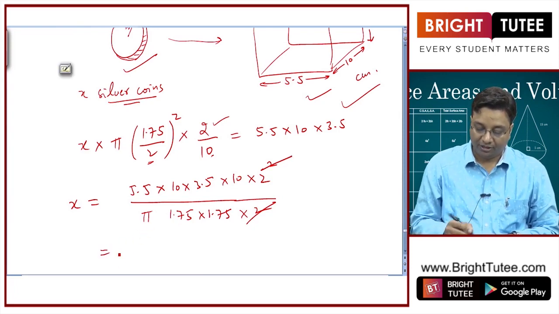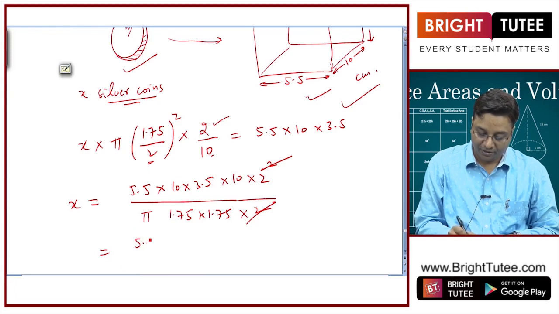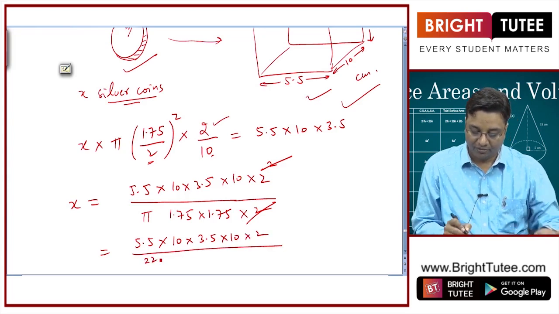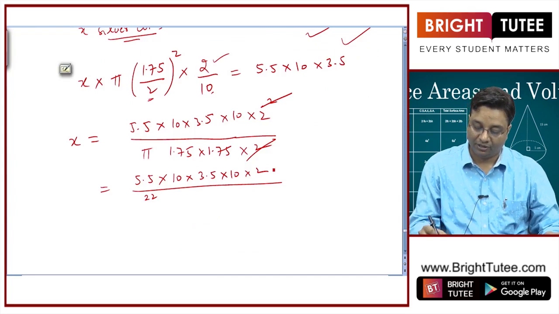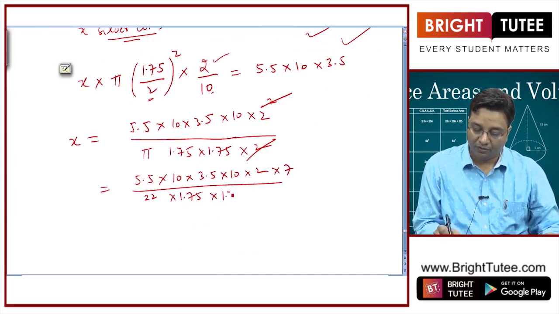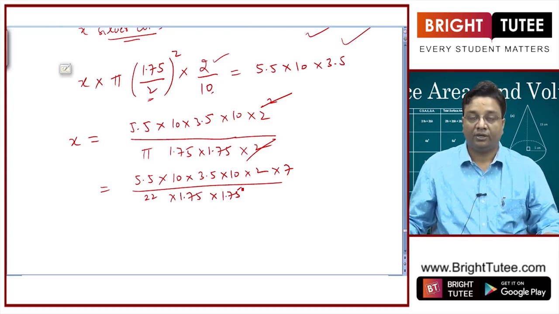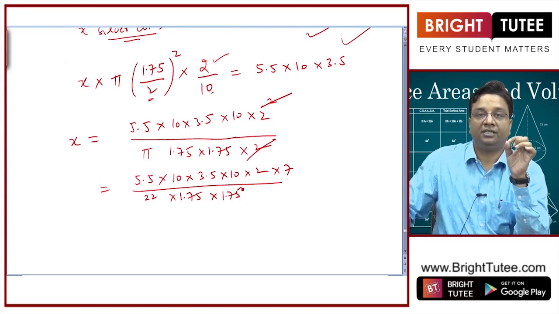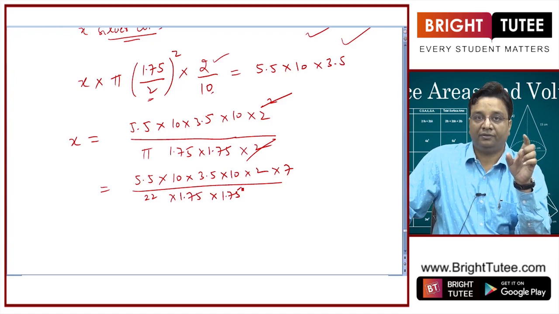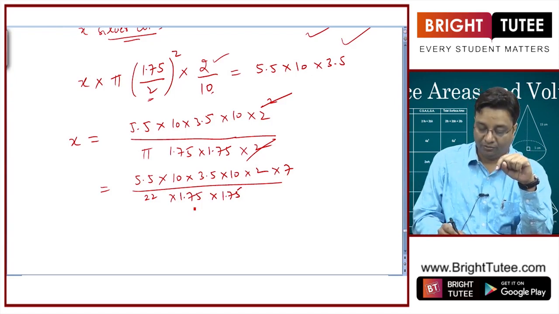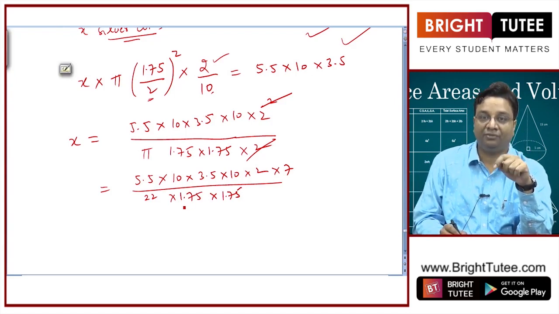Pi can be written as 22 by 7. So this is 5.5 into 10 into 3.5 into 10 into 2 divided by 22 by 7. So 7 will come in the numerator, 1.75 into 1.75. What is 1.75? It is half of 3.5, which is half of 7. So 1.75 is 7 by 4.